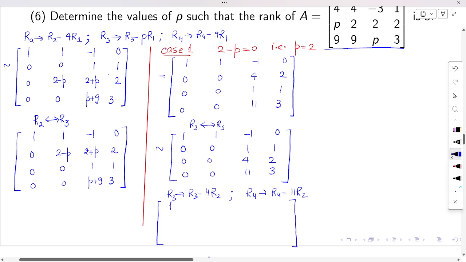This becomes 1 1 minus 1 0, 0 0 1 1. This becomes 0 0 4 minus 4 0 and 2 minus 4 is minus 2, then 0 0 11 minus 0 is 11 and 3 minus 11 is minus 8. Now divide row 3 by minus 2 and row 4 by minus 8.